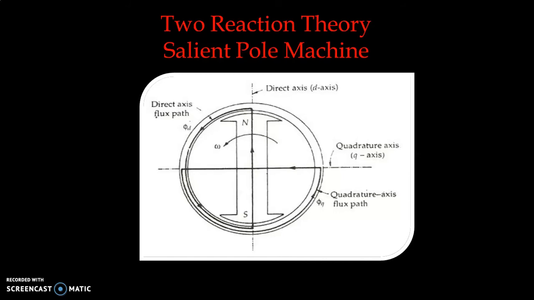In the quadrature axis we have the maximum air gap. So the air gap is not uniform, and that is why the reluctance offered to the flux is also not uniform. So we have to calculate the direct axis reactance as well as the quadrature axis reactance.